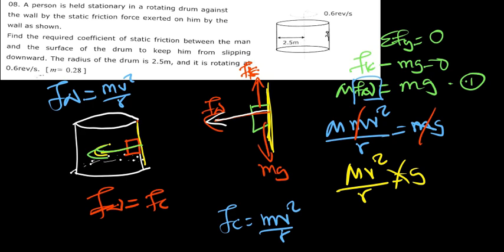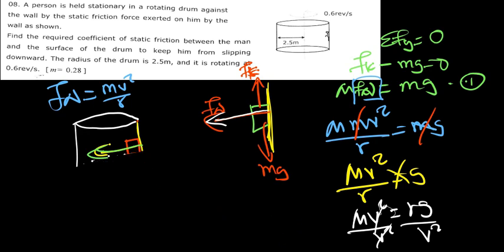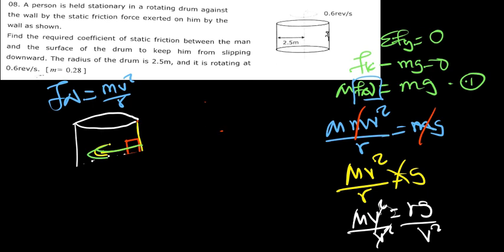I don't know which one is okay for you. So if I cross multiply, I'll end up having rg divided by v squared. So v squared and v squared will cancel. I'll end up having mu is equal to rg divided by v squared.